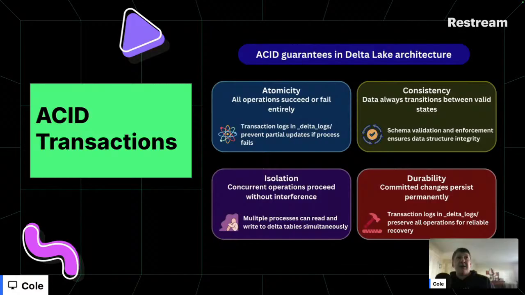Schema validation and enforcement ensures data structure and integrity. Isolation is concurrent operations proceed without interference. So multiple processes can read and write to delta tables simultaneously. And durability, committed changes persist permanently. So transaction logs and delta logs preserve all operations for reliable recovery.